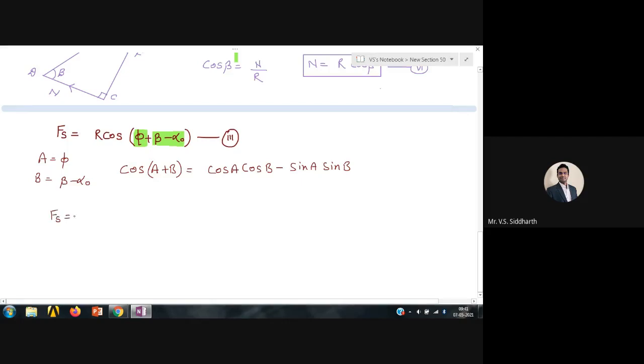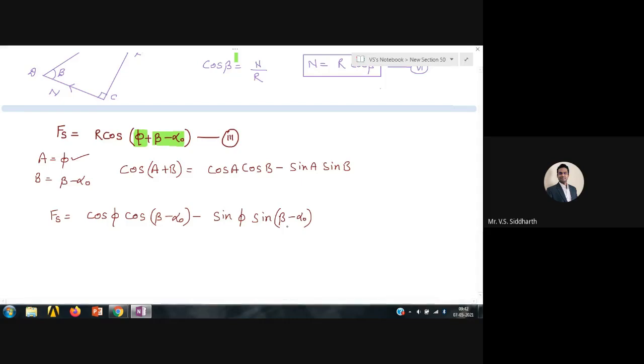Fs is equal to, what is my cos A? Phi. So cos phi cos(beta minus alpha naught) minus sin phi sin(beta minus alpha naught). Any doubts up to this? Anyone?